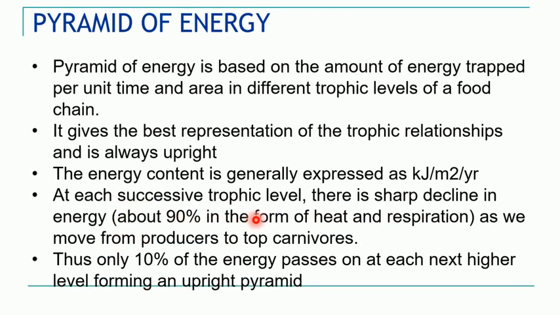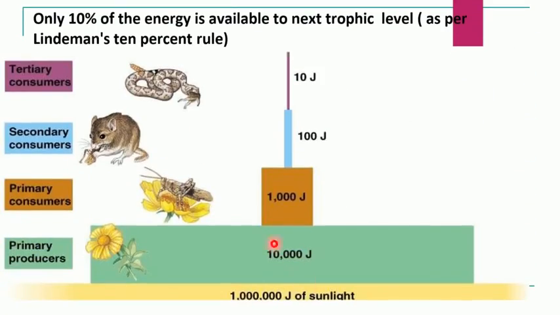So 90% of energy is lost at each trophic level in the form of heat and respiration, and only 10% of energy passes from one trophic level to the next. So in this example we have seen that only 10% energy is given to the primary consumers, then only 10% of these is transferred to the secondary consumers, and so on.